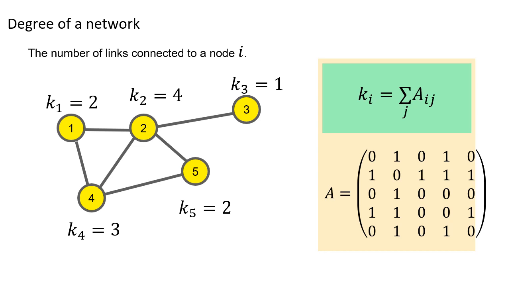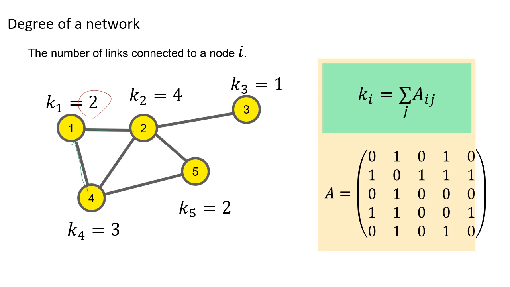I indicate each name of the node. For example, node 1 has a degree, meaning connected links. It is connected to 2 and 1, so node 1 has a degree of 2.